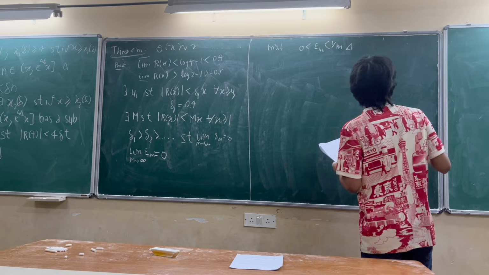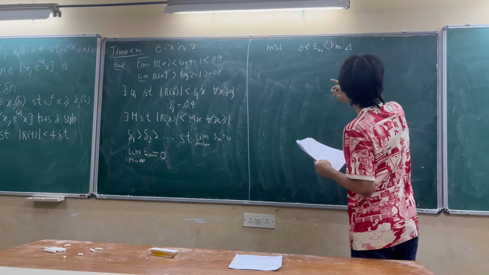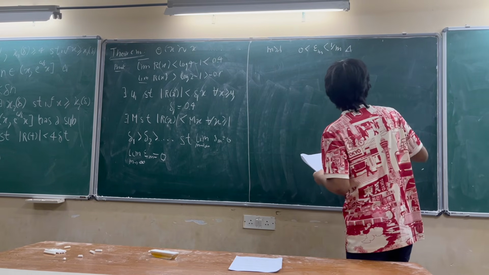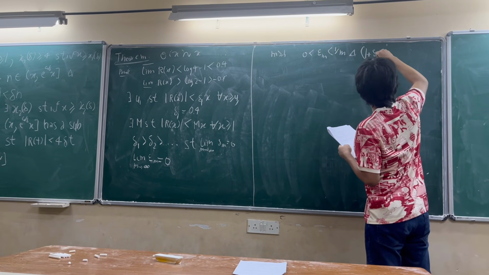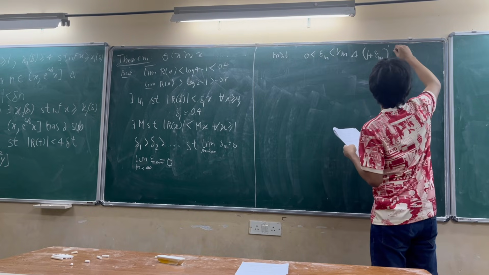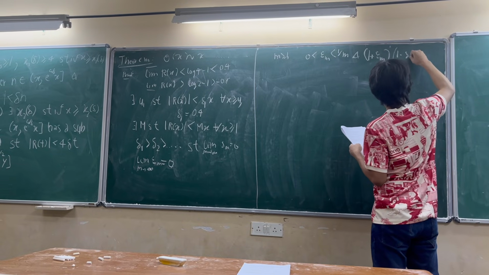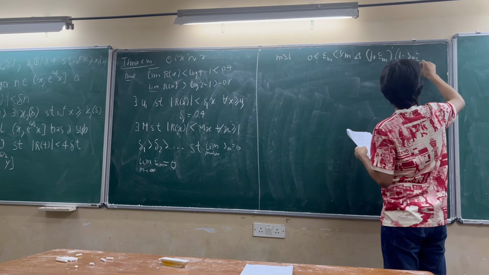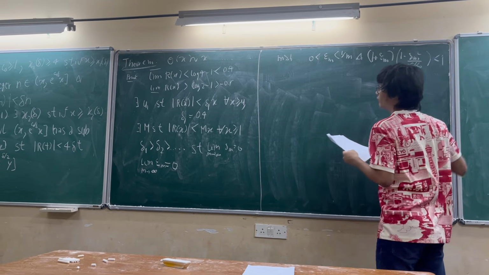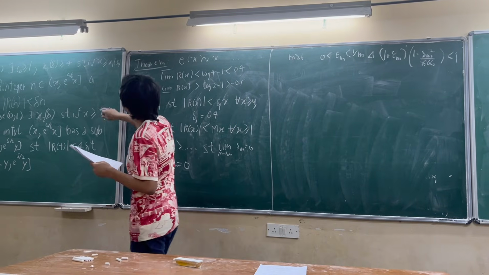We can construct our sequence. So if you have delta m, then how can you pick epsilon m? Epsilon m has to satisfy these two conditions. It also has to satisfy 1 plus epsilon m times 1 minus delta m squared by 256 c naught is less than 1, where c naught is the same number that appears in lemma 2 and 3.